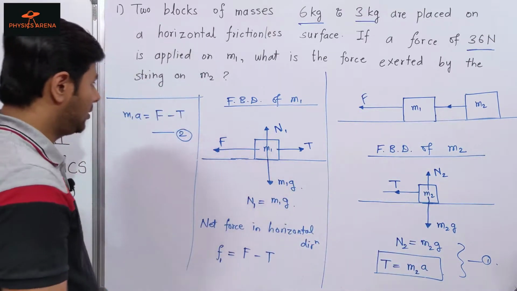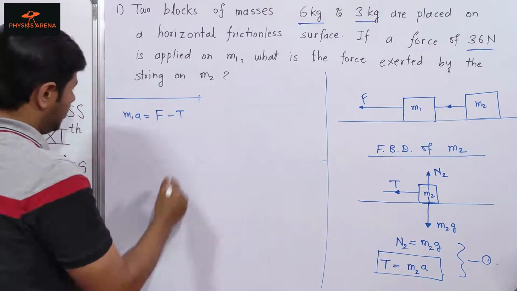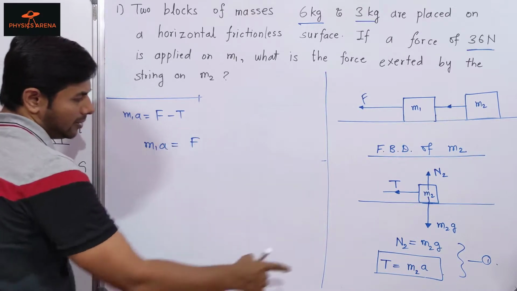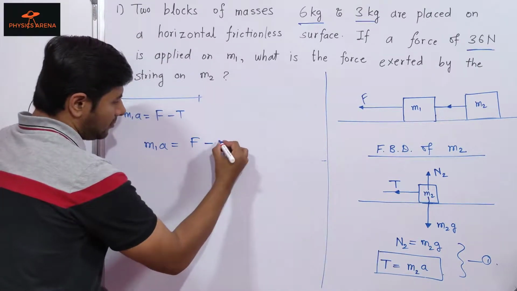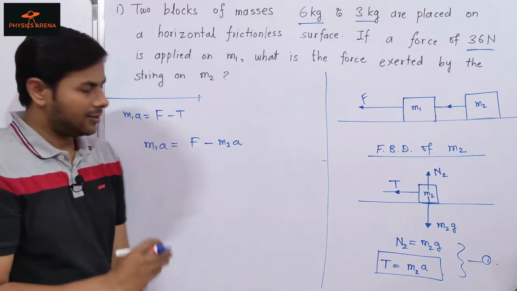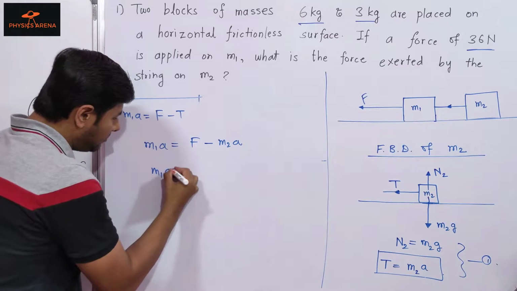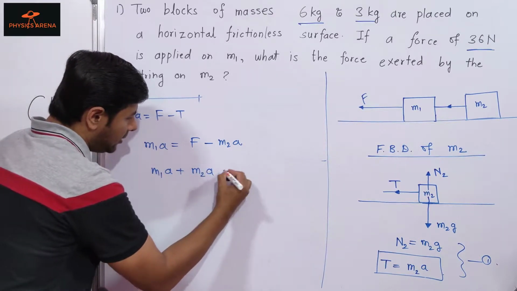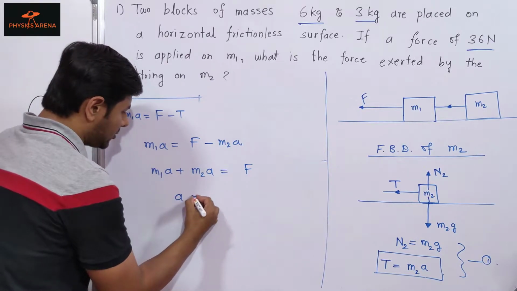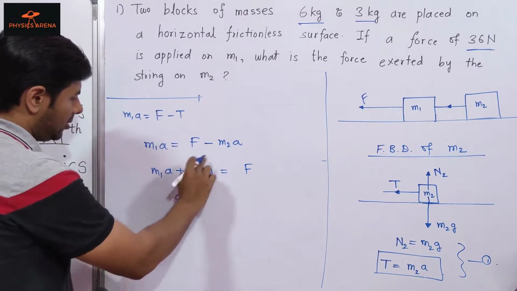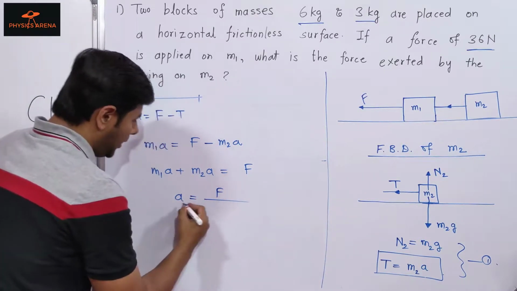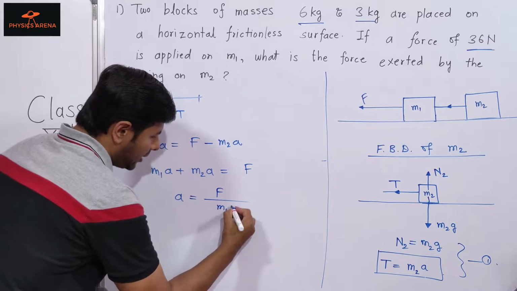So we have m1 times a equals F minus T, and T is m2 times a. We can take this to the other side to get m1 times a plus m2 times a equals F, and therefore, taking a common, a equals F divided by m1 plus m2.